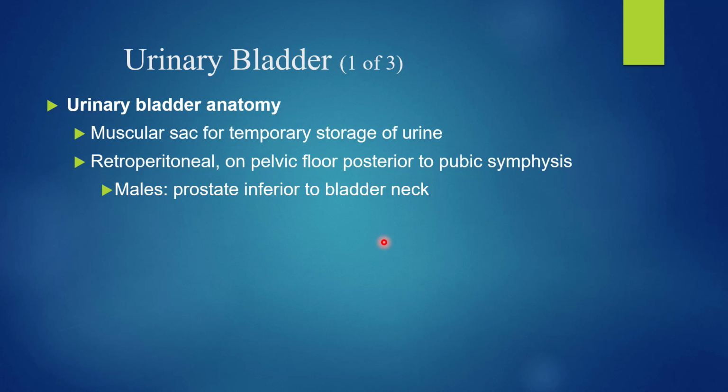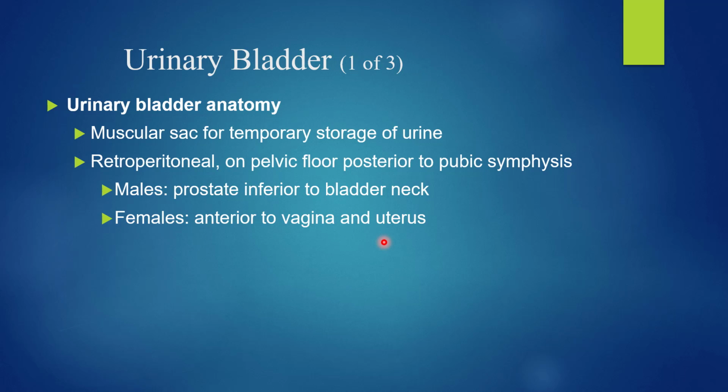In males, the urinary bladder is on top of the prostate gland, and the prostate is inferior to the bladder neck. So the prostate gland is at the bottom of the urinary bladder.